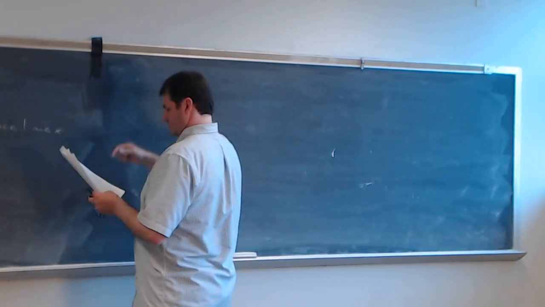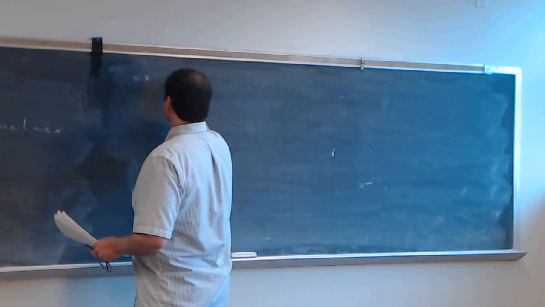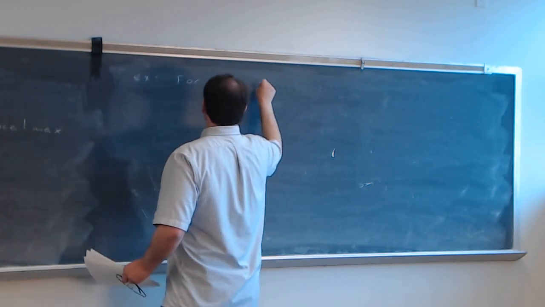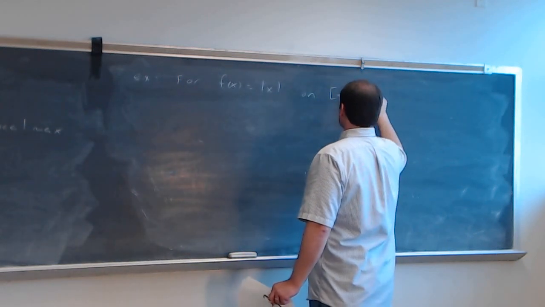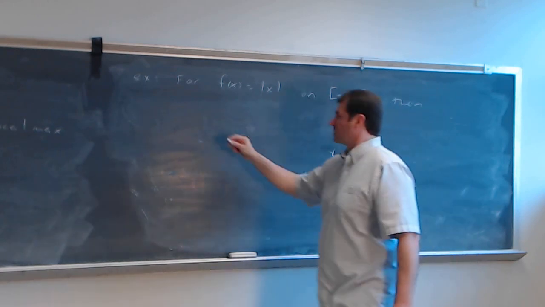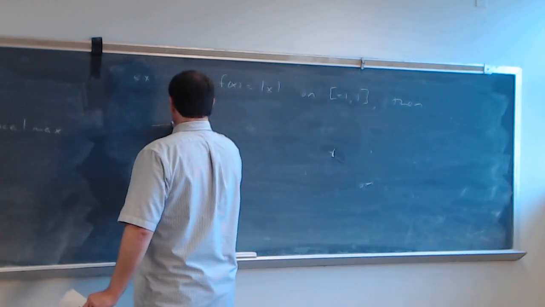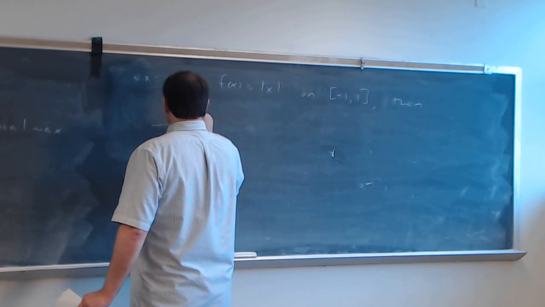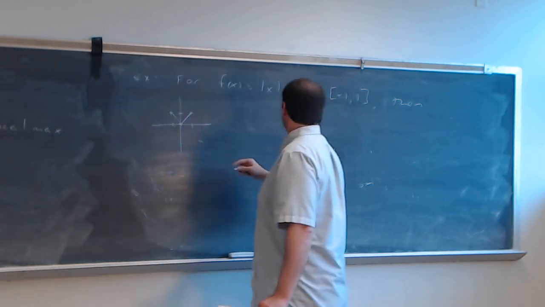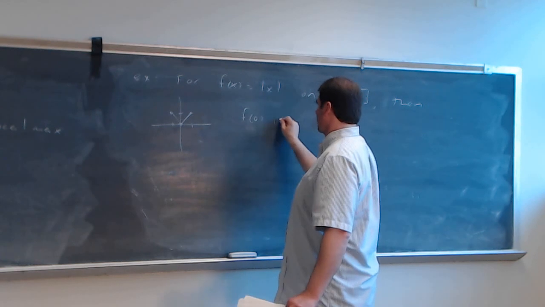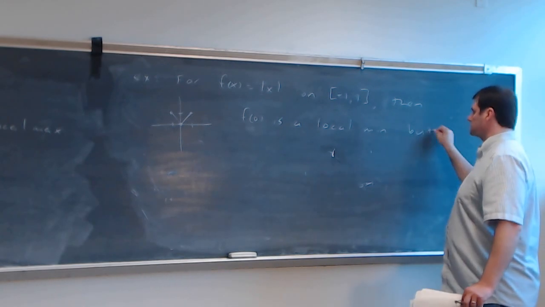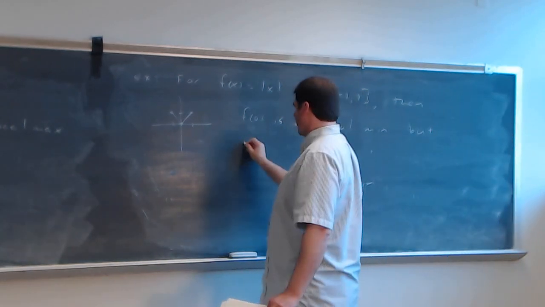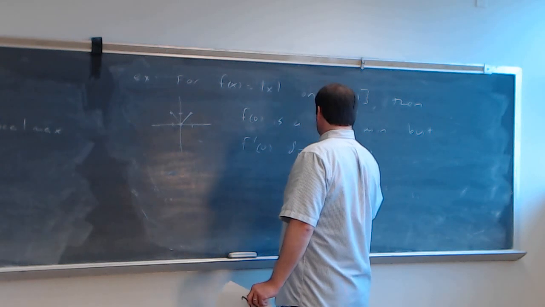Now let's consider another example. For f of x equal to the absolute value of x on, let's say, minus 1 to 1, then we can see very clearly from this graph that we have a local min at 0, okay, but f prime of 0 does not exist.